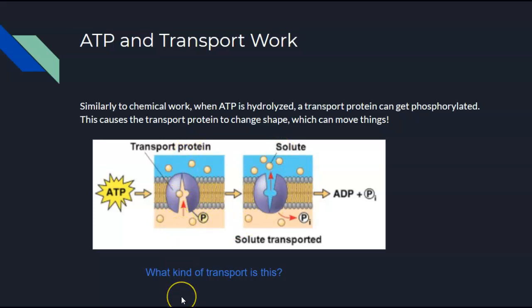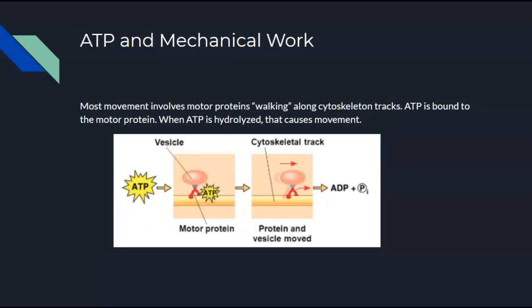Okay. So what kind of transport would use energy and a protein to do that? Active transport. That's right. So that's how your cells use ATP to do transport work. Now mechanical work. This is when things move. And so here's an example. There are some tracks in your cytoskeleton, inside the cytoplasm, that things can zip around in, like little roads in the cytoplasm.